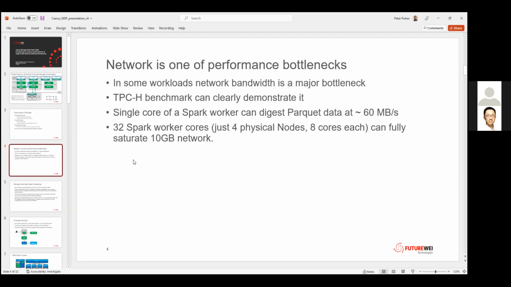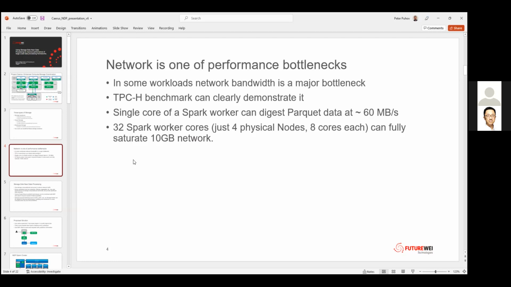It's reasonably fast. The decompression rate of Parquet is fairly fast, which effectively means that just 32 worker cores, and you can think about it as just 4 physical nodes, can fully saturate a 10 gig network.